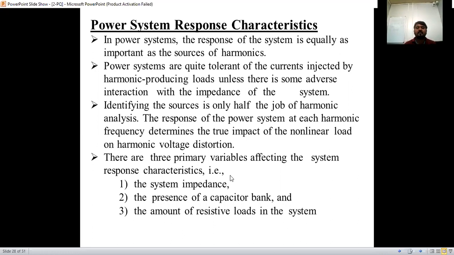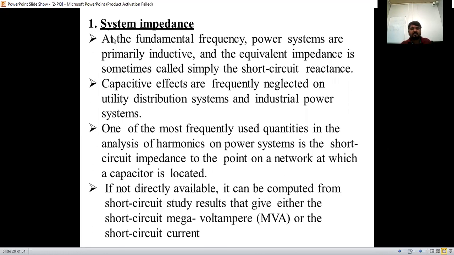Now we will discuss them one by one. First we consider the system impedance, which is called Z.